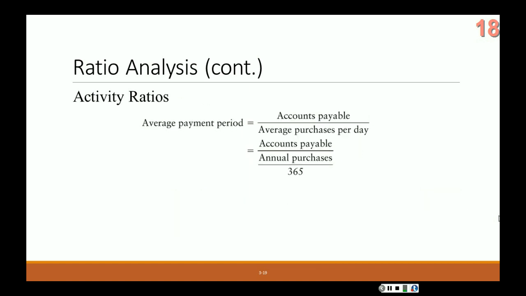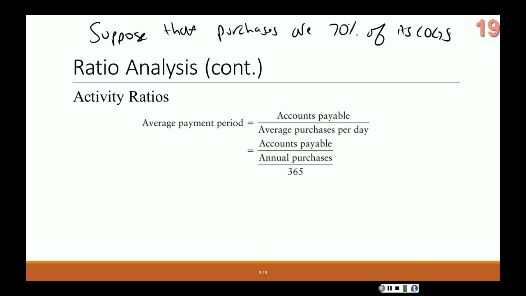Average payment period, that's equal to accounts payable over annual purchases. Annual purchases are not something that you'll find on the income statement or balance sheet, so you have to make assumptions. So we'll suppose that purchases are 70% of its cost of goods sold.